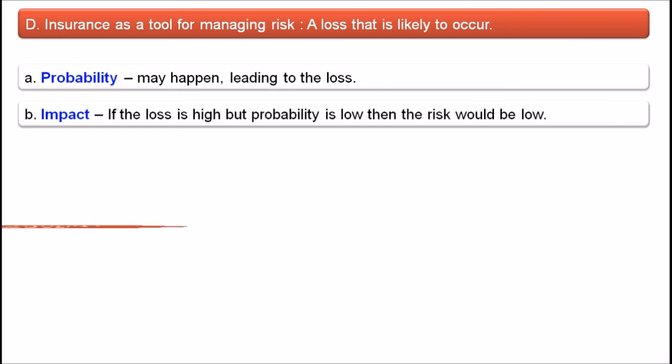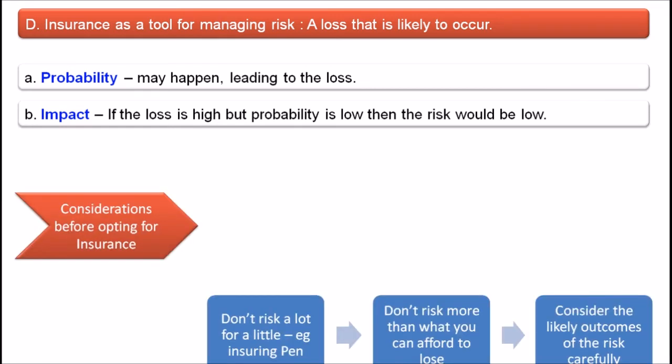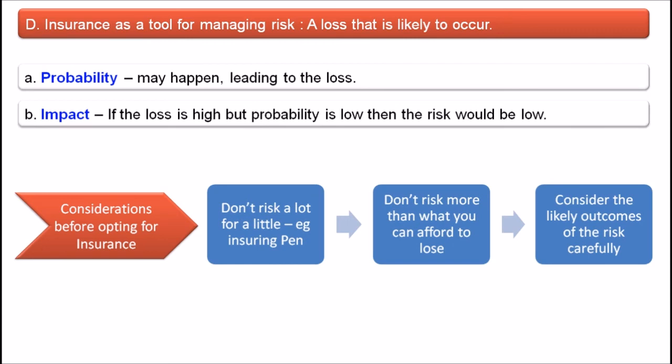Let us see the considerations before opting for insurance. What you have to think is, don't risk a lot for a little. For example, you have a pen. Is it wise to take insurance for your pen? No need, because your pen costs around 5 to 100 rupees, not more than that.